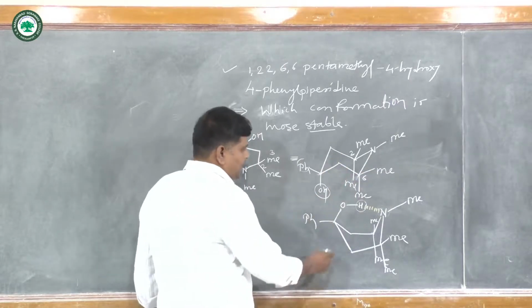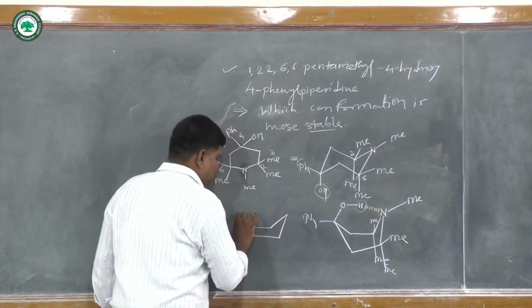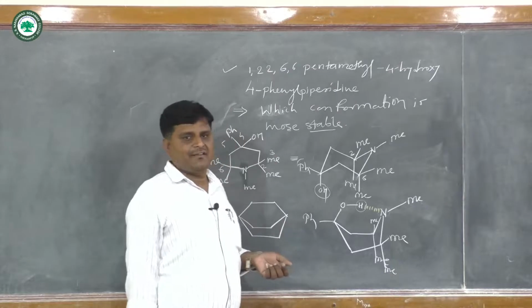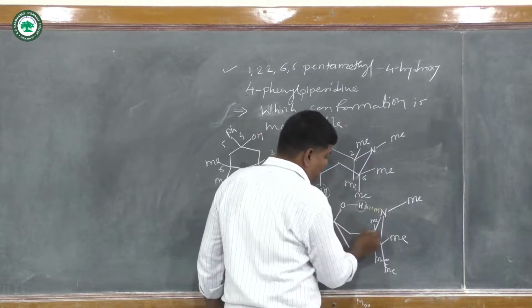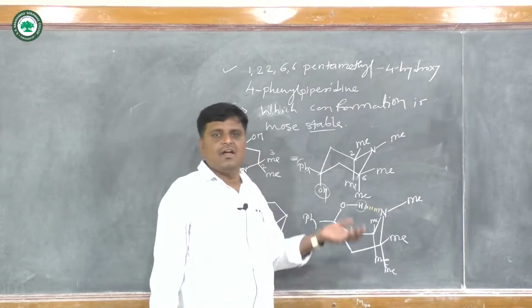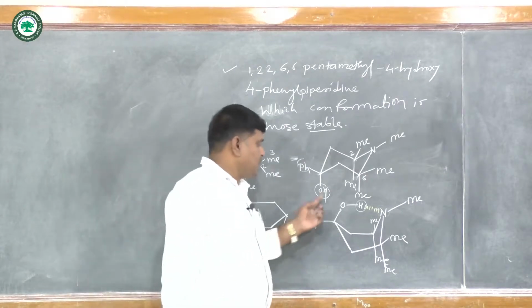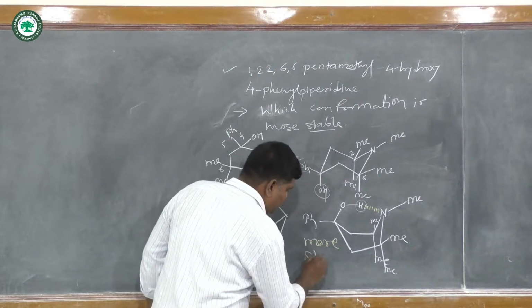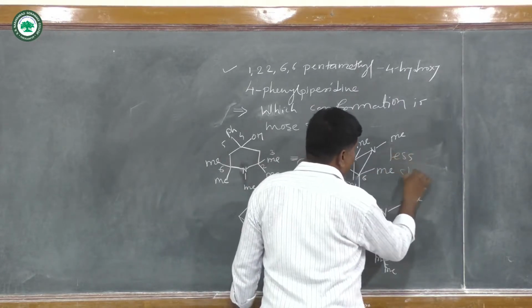This conformation looks like this: suppose this is our boat and this is the loop, which is also a 6-membered ring. Here this is also a 6-membered ring system, 1 2 3 4 5 and 6, so we get a bicyclic ring system, and in that bicyclic ring system the 6-membered ring is more stable, so this conformation is more stable. Here we write more stable, and the chair conformation is less stable.